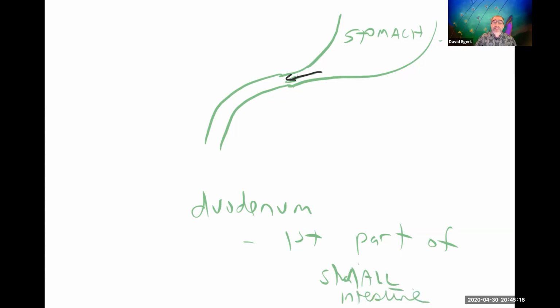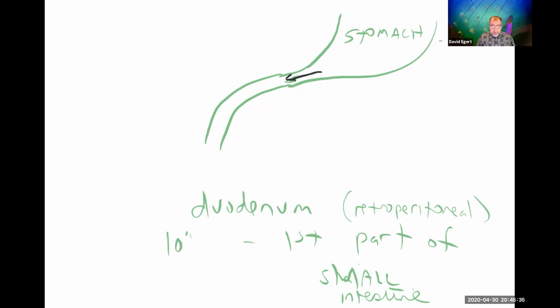It kind of acts like a mixing zone. So it's retroperitoneal, if you care. It actually dives back a bit and then it's going to pop back out. It's very short. It's only like 10 inches long.